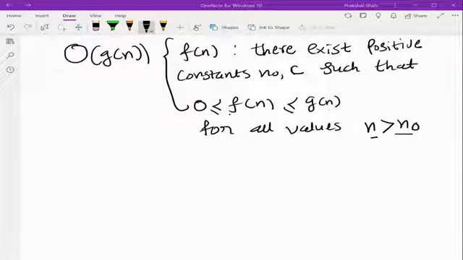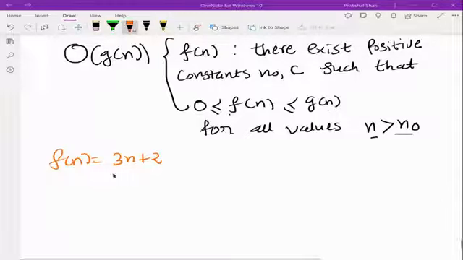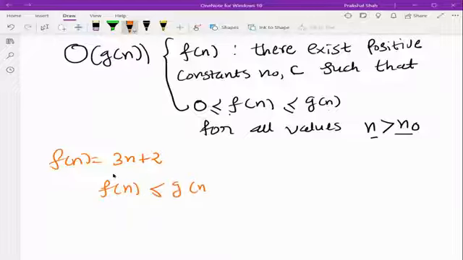Now, say my function is 3n plus 2. Can I compare this function, where f of n is less than or equal to g of n?